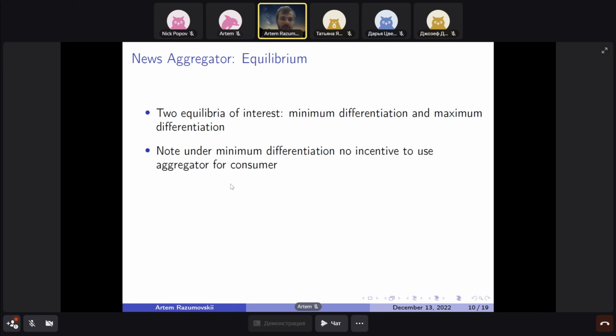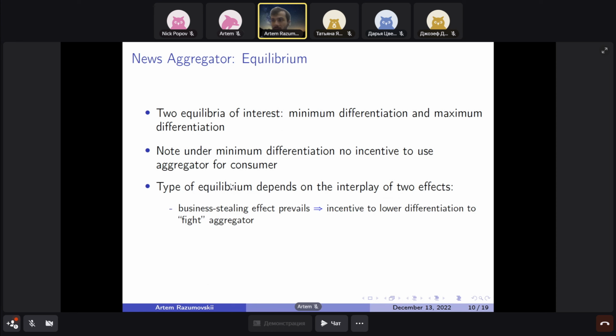So if the aggregator enters, the difference is 0 between the aggregator and this agency, because you can go to this agency and you will be provided the same quality as the aggregator. Then we can see that if you have maximal differentiation, then it is profitable for the aggregator to enter, because the aggregator provides high quality on every topic which is produced with high quality on the market.